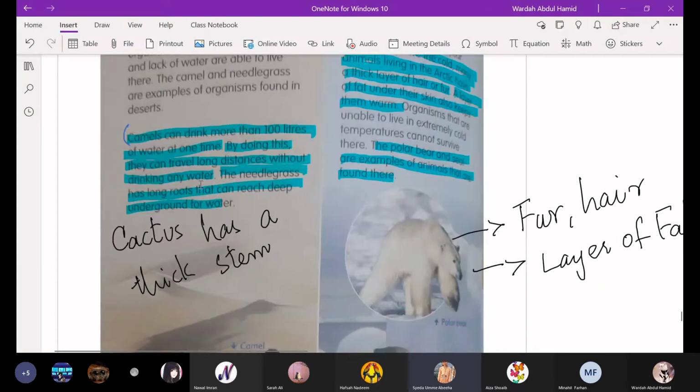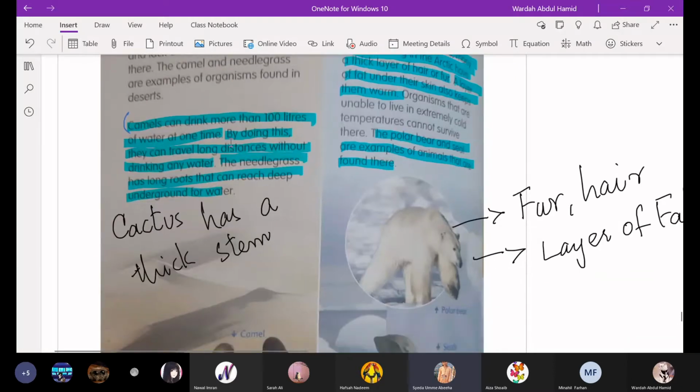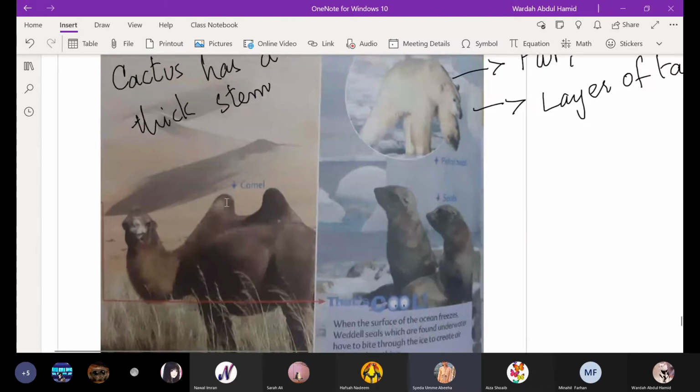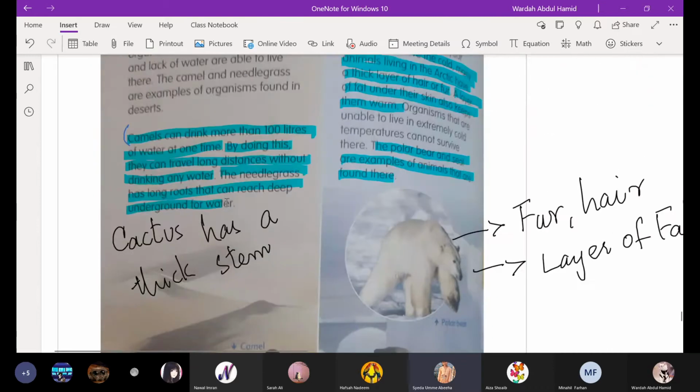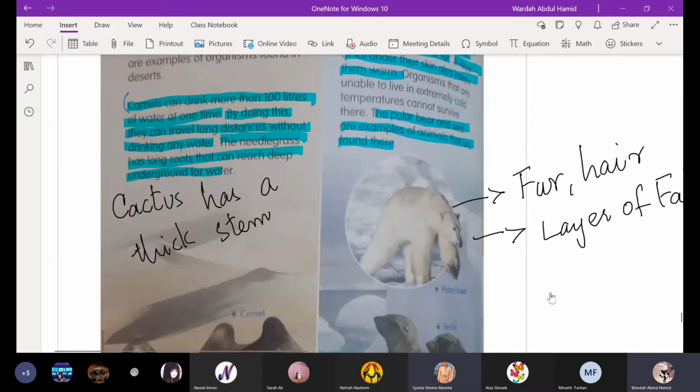Camels can drink more than 100 liters of water at one time. By doing this, they can travel long distances without drinking any water. The needlegrass has long roots that can reach deep underground for water. Cactus has a thick stem. Yes, because cactus, they are also in the desert. That's how they don't lose much water in such heat.